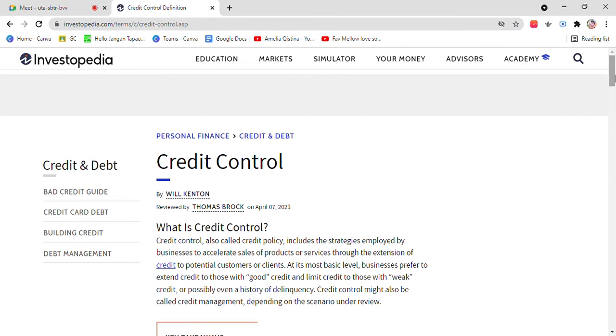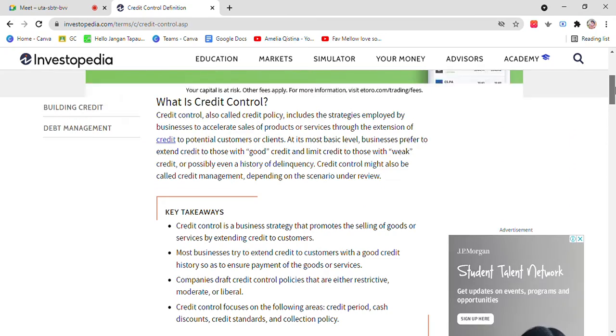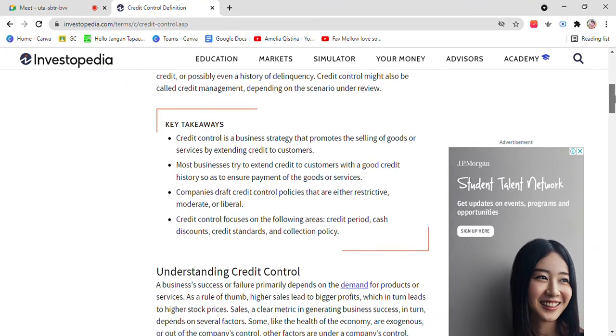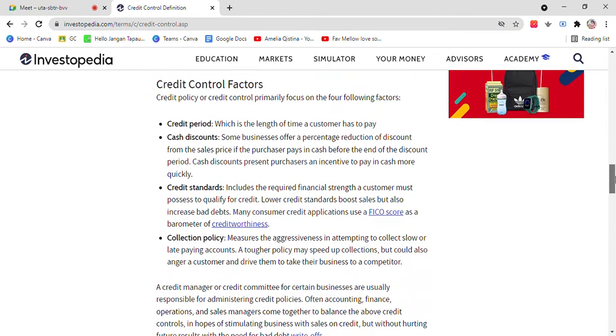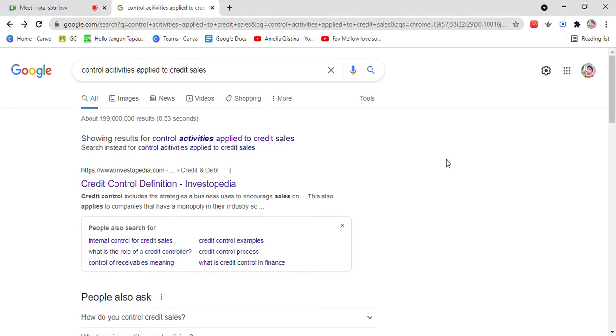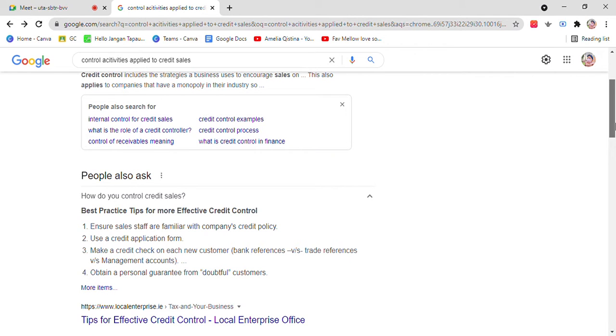So what are the control activities that should be applied for giving the customer credit sales? What controls should exist, from the internal control point of view? Christina?